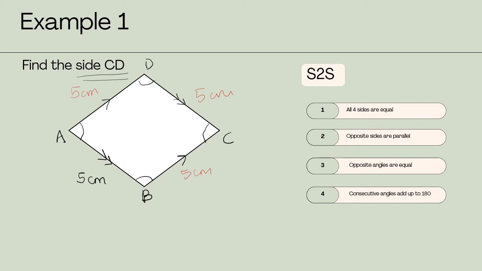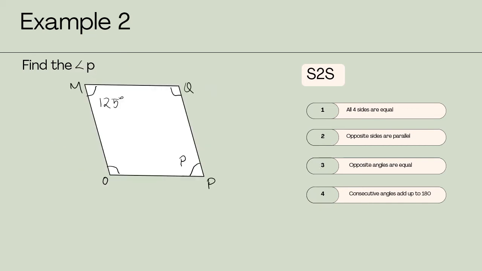So you know that DC is 5 centimeter and you are required to find the side CD, which is the same. So the answer is 5 centimeter. So the rest of the properties are not applicable.